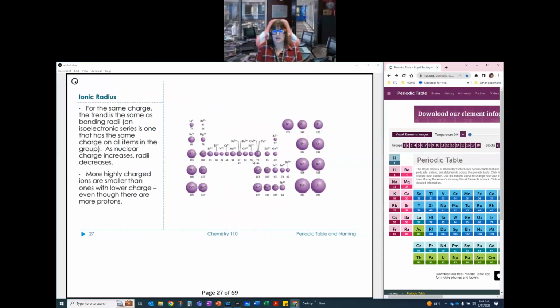I will mention the ionic radius. So as we add electrons to these things, we get bigger. As we take them away, we get smaller. The reasons are much the same as what we talked about, but as you can see from this figure right here, it's not very predictable. And so I am not concerned about you knowing which one is bigger or which one is smaller based on the ions.